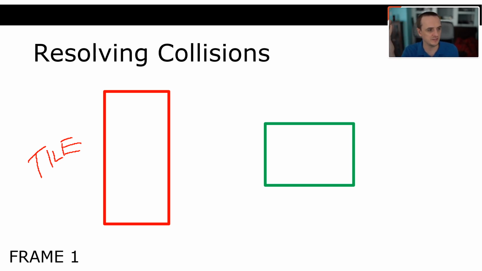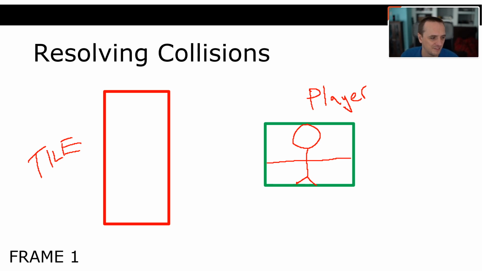We want it to be stopped by this wall. And over here, we could have the player, or maybe it's a bullet, or an enemy, or whatever it is that we don't want to enter the wall, right? Here we've got the bounding box that surrounds our player, and we don't want this player to be able to enter this wall.